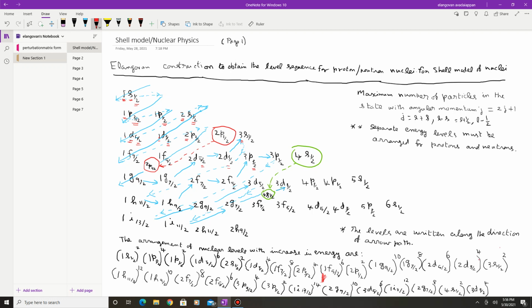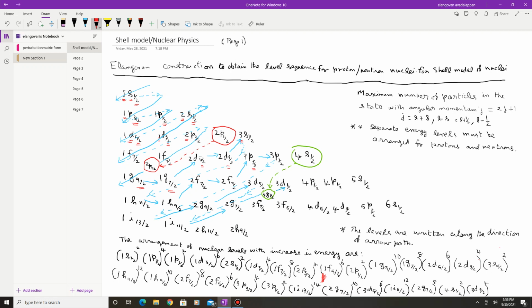Now similarly, L is equal to 0, 1, 2, 3, then you put 4. For L equal to 4, you have the G level, with L plus half and L minus half. There are two states, 1G 9 by 2 and 1G 7 by 2. The 1G level is appearing the first time.